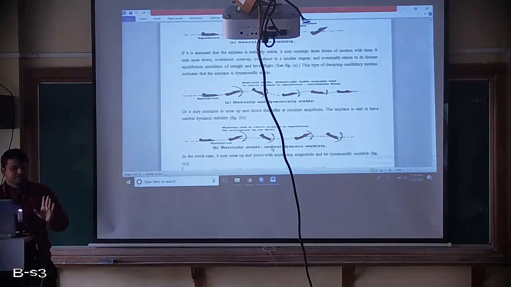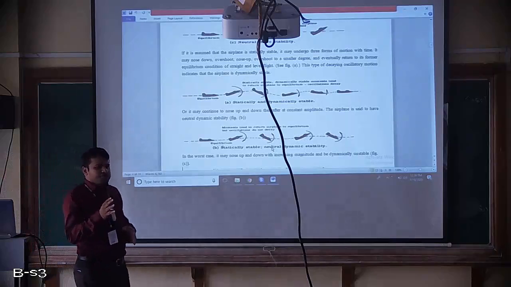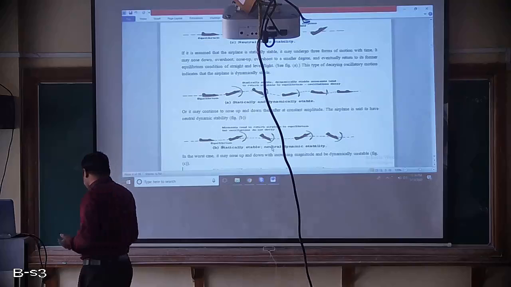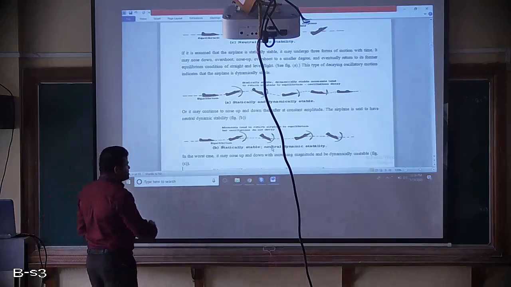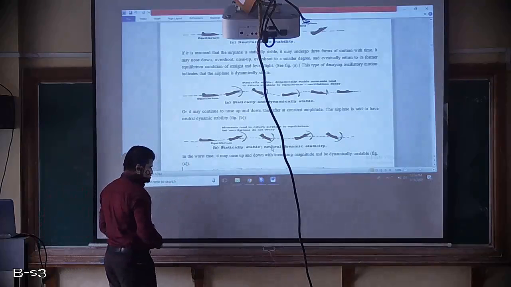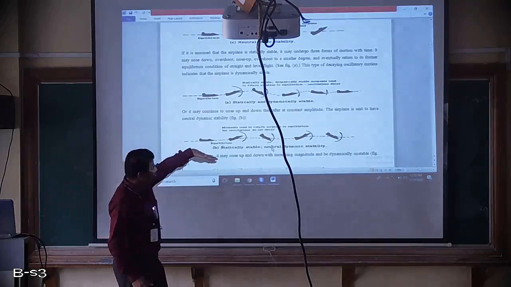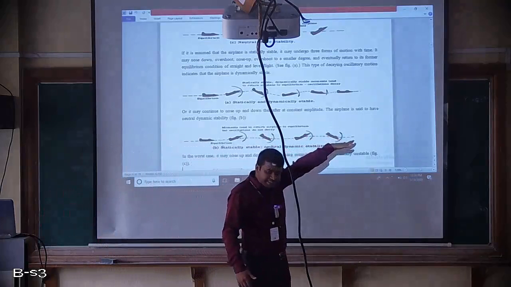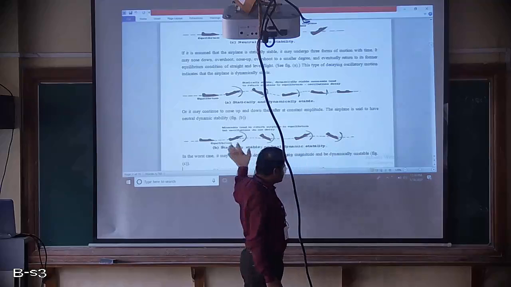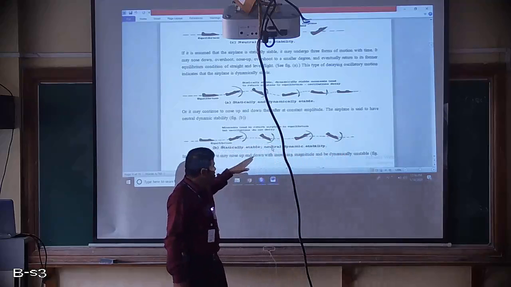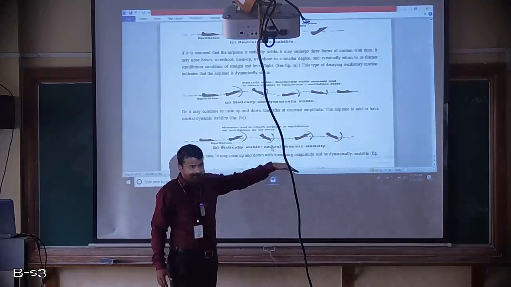That means the amplitude of the aircraft remains the same at certain intervals of time, but it is trying to come back within that range only.